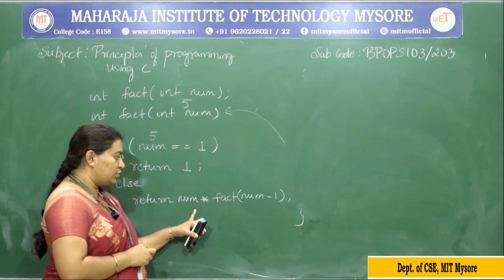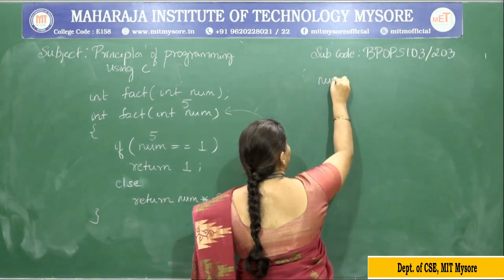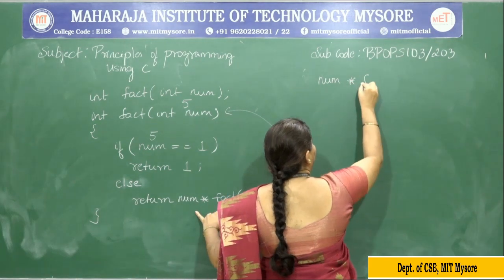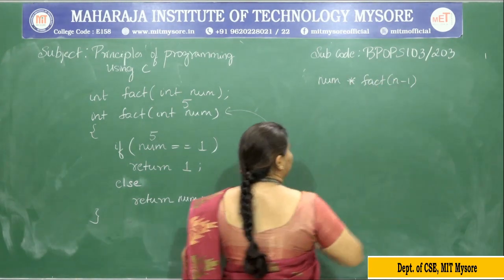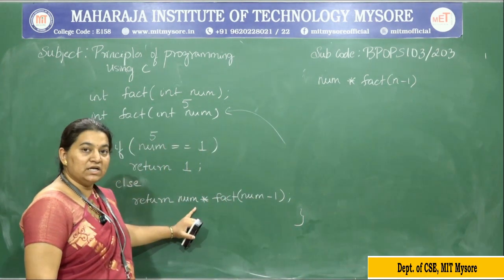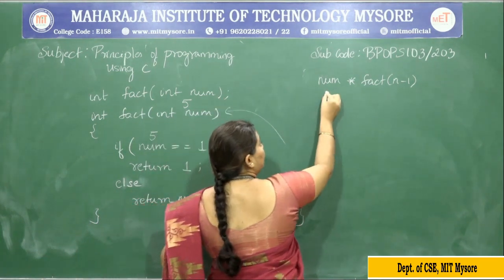So next, I am going to use num into fact of n minus 1, right? So what happens here? I am going to use num. What is the value of num here? 5.